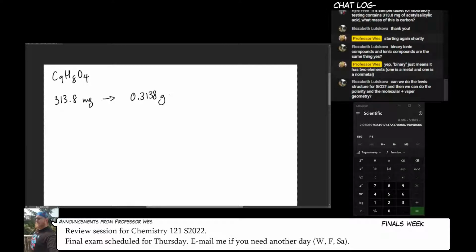We'll just skip that. And then I want to find out what mass of that is carbon.